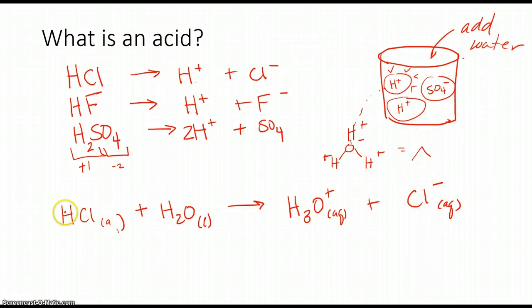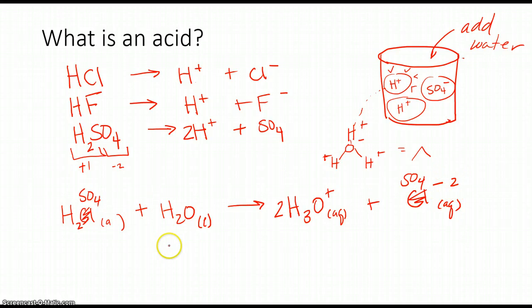To be more accurate, I've noticed that I'm using different substances. I should have put H2SO4. And in this case, you're going to have the same situation happening, only in this case you have two hydroniums being made. All right?